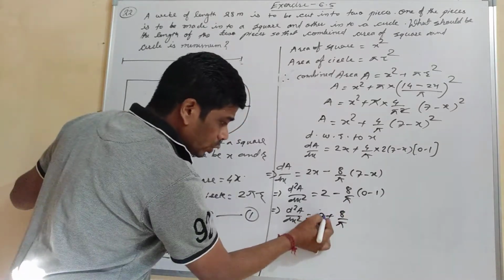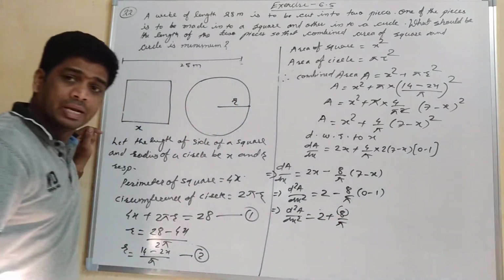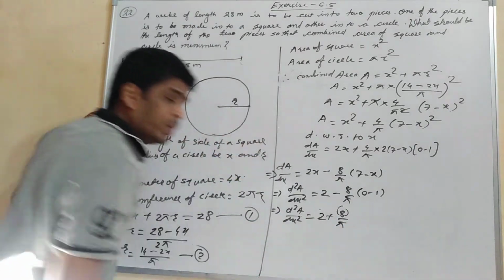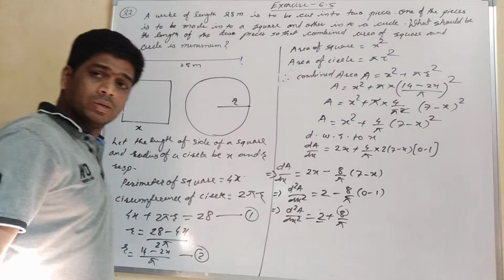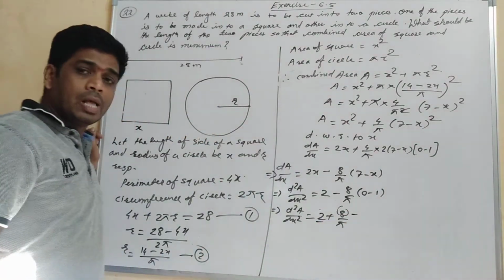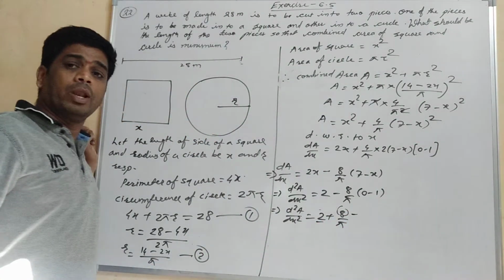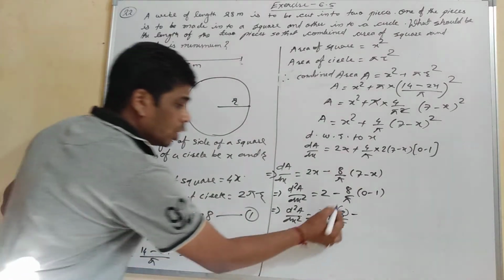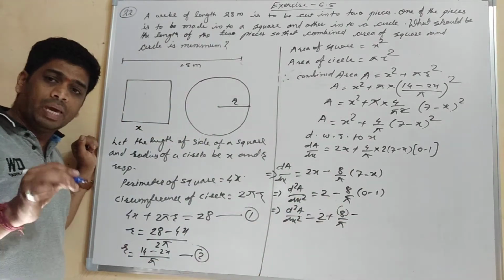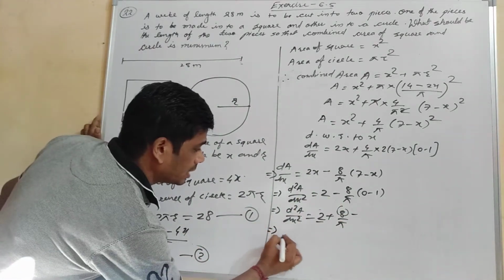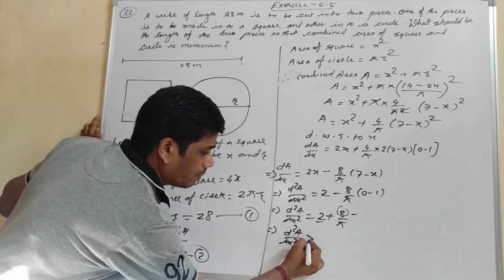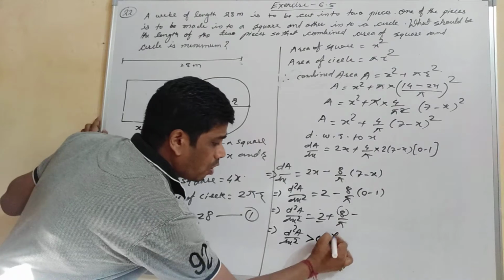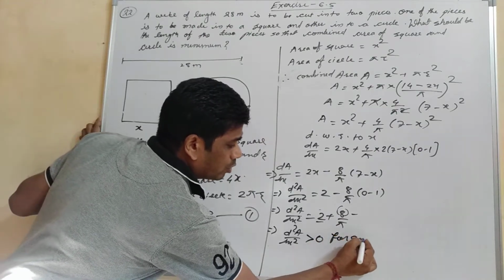Now 2 is constant, 8 is also constant, and the pi value is also constant and positive. 2 is positive, 8 is positive, as well as pi, which means 2 plus 8 upon pi will be positive, which means d square A upon dx square will be positive for any value of x.